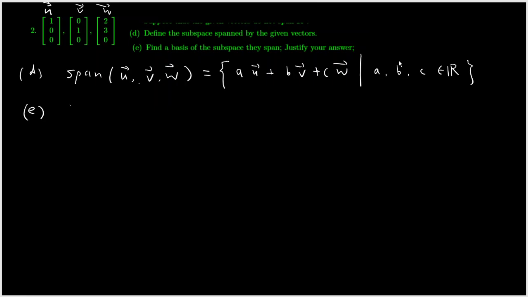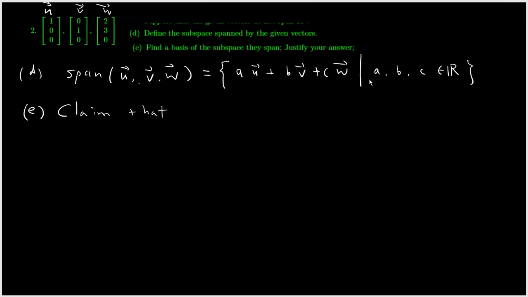Again W is a linear combination of U and V. It's kind of W can be determined by U and V. So in the basis you do not include W. So that's the idea. Very shortly we're going to prove that.